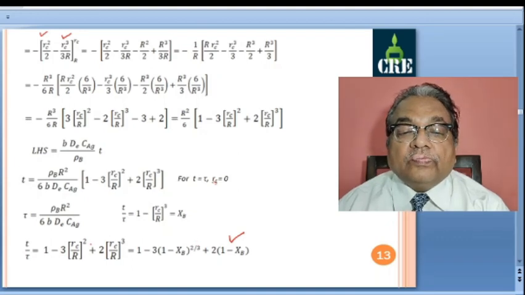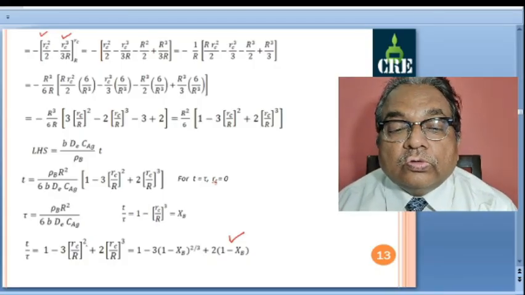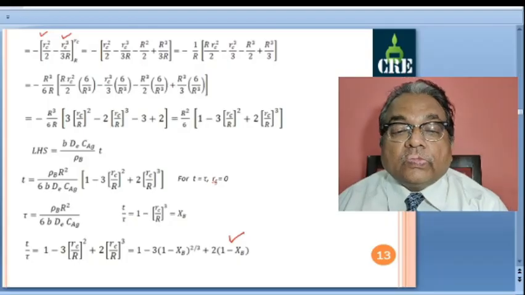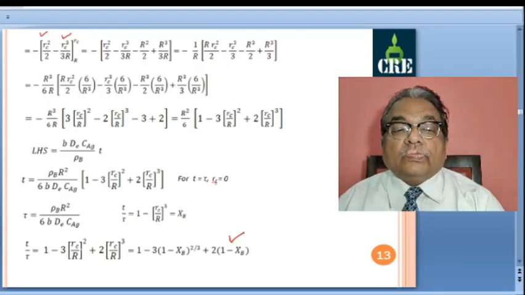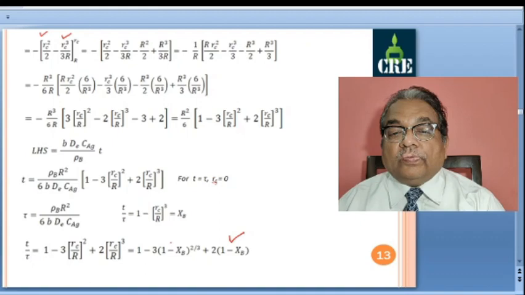So here 1 minus xb raised to 2 by 3 will be replaced by this, because when I write this raised to 2 by 3, 3 cancels out and this becomes rc by r whole square.